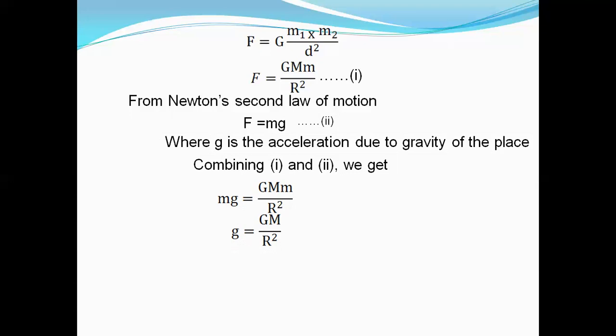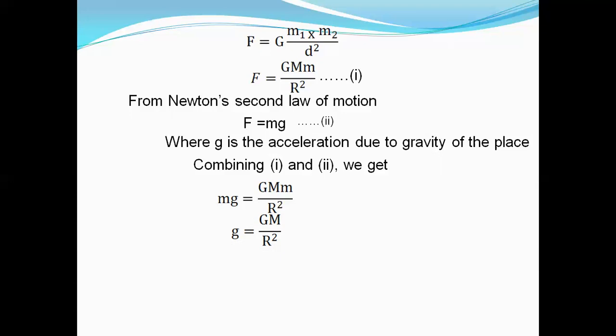But acceleration due to gravity is inversely proportional to the square of the radius. How can we prove this? As you know, capital G is the universal gravitational constant, simply the gravitational constant. Its value is the same everywhere throughout the whole universe. Capital M, the mass of the heavenly body, remains the same for a particular heavenly body. It won't change due to its shape, but the radius may be different.